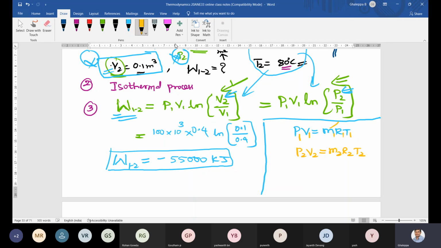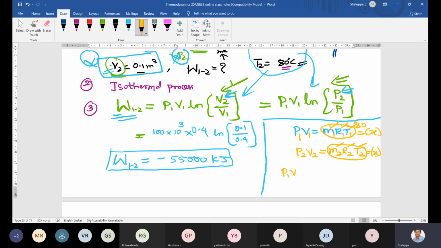Value of M, R and T is constant. T is also 80 degrees. M is 1. R is also constant for the air. So this value will be constant and you will get some value, some X value. It is not 0, it is X value. And here also you will get the same value, equal to X, because M is the same, R is also the same, and T2 is 80 degrees.